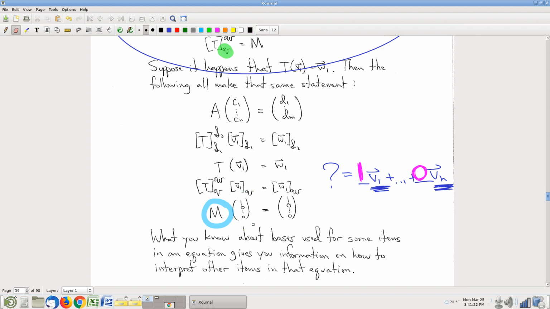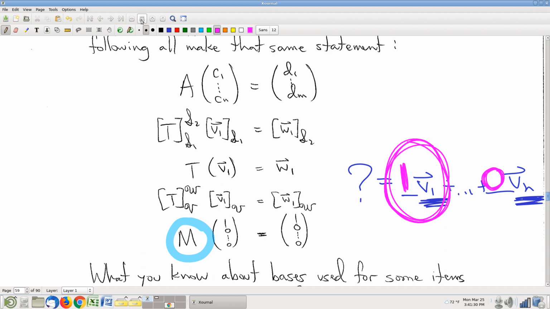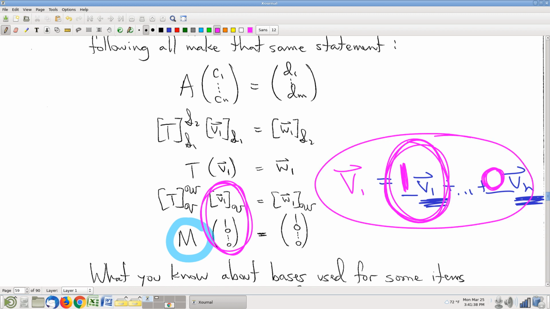Not hard to persuade yourself we're talking about just V1. So this statement here is the same as this statement here. Everybody see how I reverse engineered that?